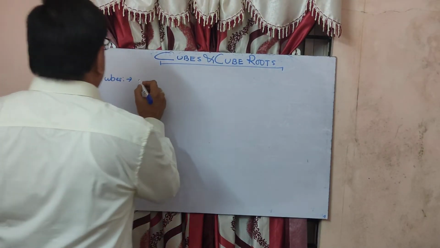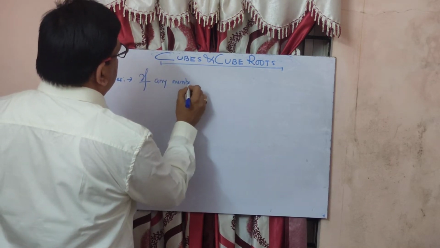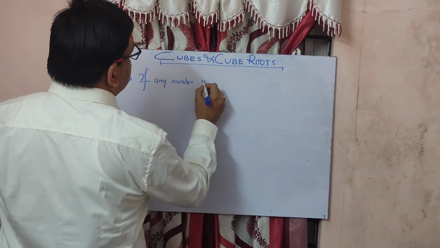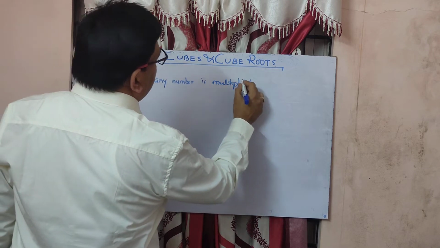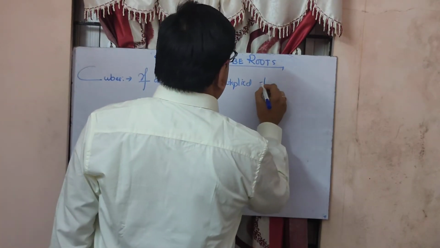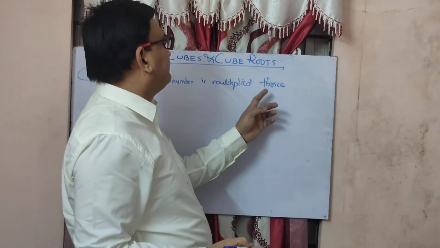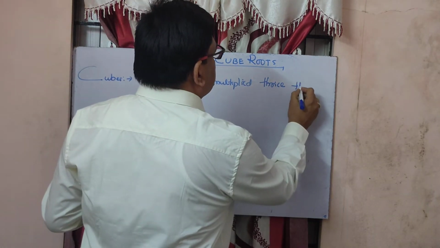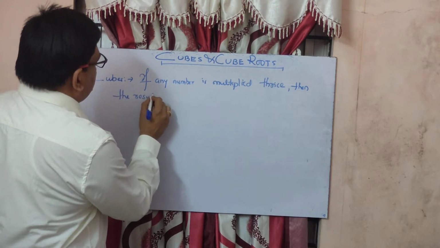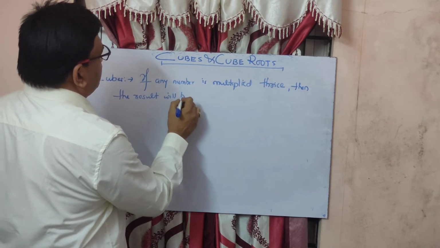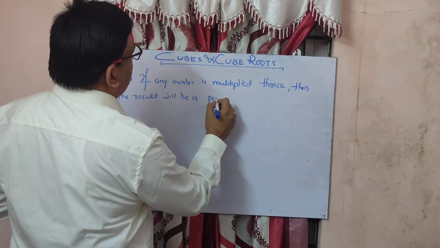Definition of cubes: if any number is multiplied thrice, then the result will be a cube, a perfect cube.